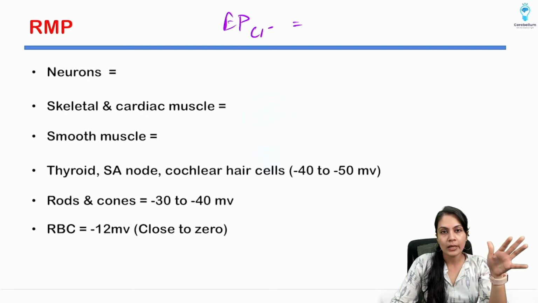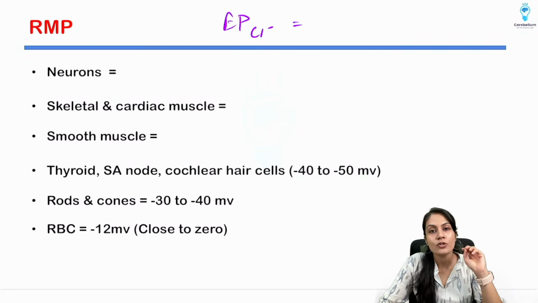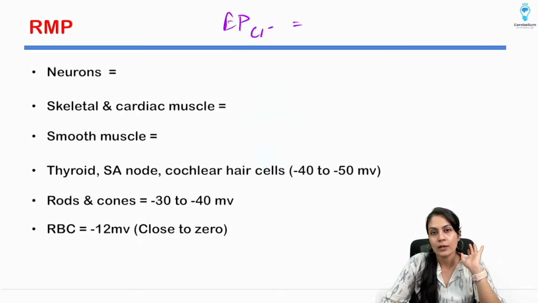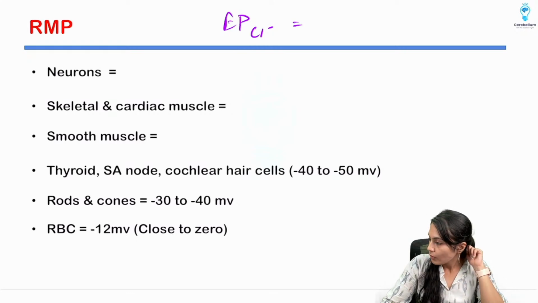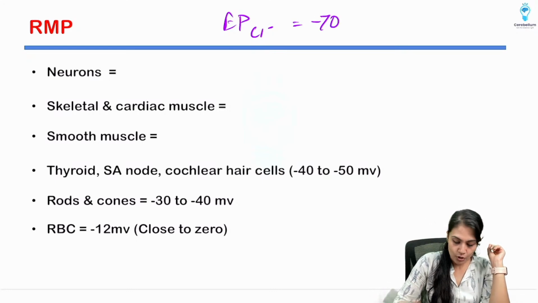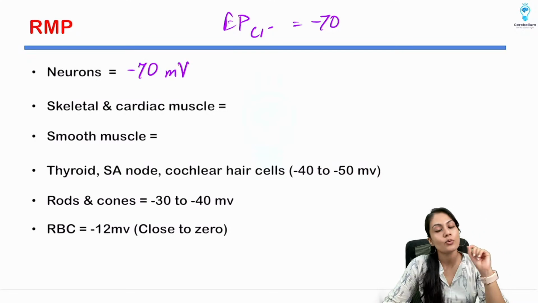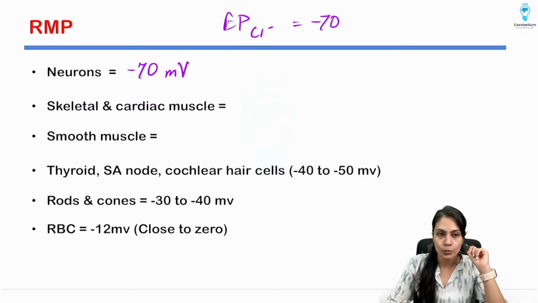Remember, I told you that in most of the cells, the permeability at rest is going to be for chloride as well as potassium. So for most of the cells, I have given the negative signs over here already, right? Ritesh, absolutely right. It was minus 70. So same over here, minus 70 millivolt is going to be the resting membrane potential of the neuron.